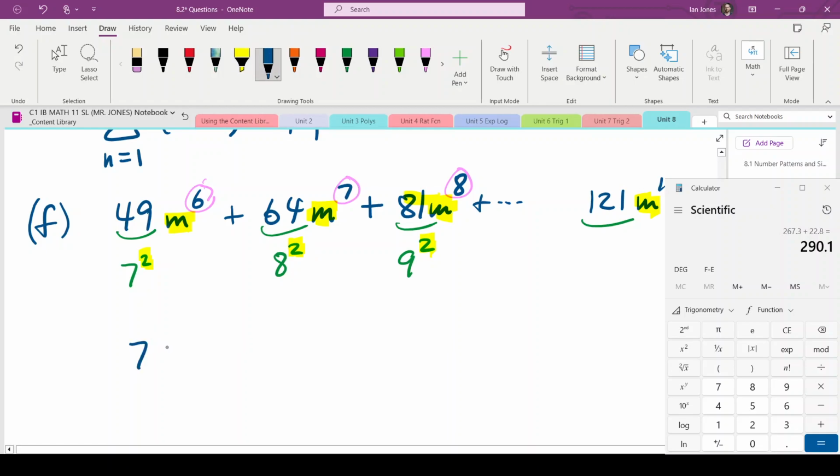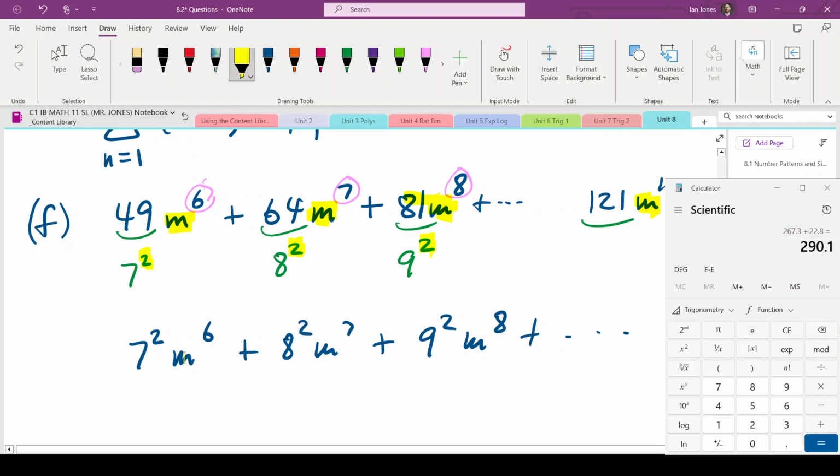So I have 7 squared m to the 6 plus 8 squared m to the 7 plus 9 squared m to the 8, and so on. The m is constant, the squared is constant. What's changing? This exponent, this base.